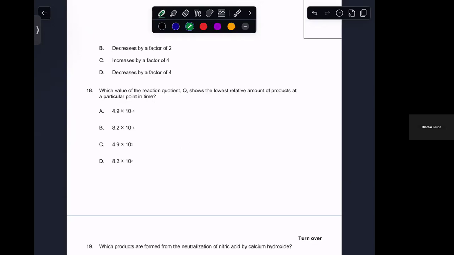Which value of the reaction quotient Q shows the lowest relative amount of products at a particular point in time? All right, so for this one, we have to remember that Q shows us our products over our reactants, generally. The concentration of products over reactants. So what we're looking for is if we have the lowest amounts of reactants, if this bottom number is low, then Q should be high.